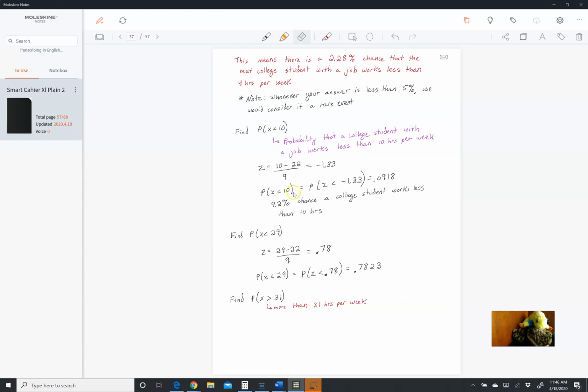Well, we still need to find the z-score, okay? So that doesn't change because we have to use that z-score table. So it's going to be 31 minus 22 over 9.